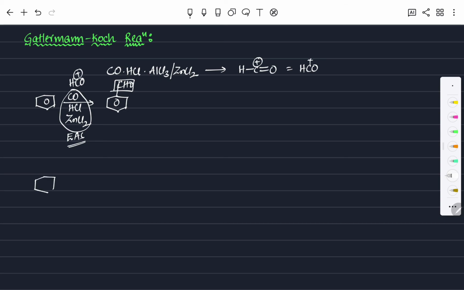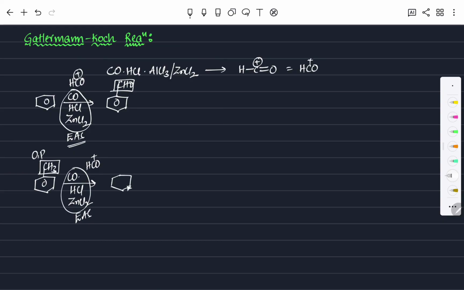Suppose we take toluene treated with carbon monoxide, HCl, ZnCl2. From this combination we get the electrophile HCO plus, and it is an example of electrophilic aromatic substitution. And here the CH3 group is an ortho-para directing group.